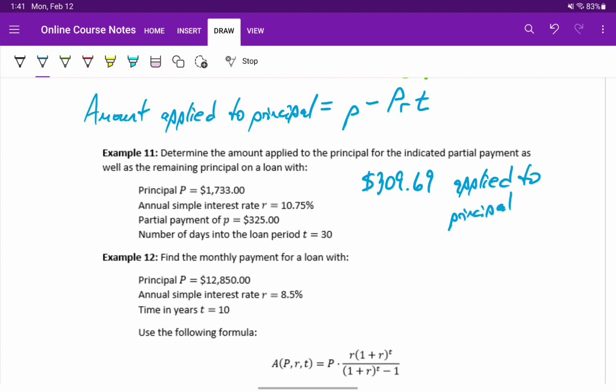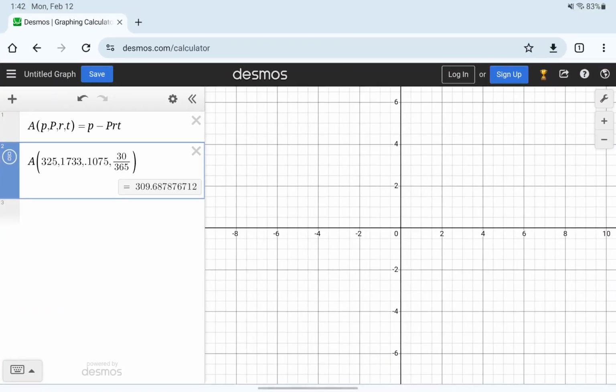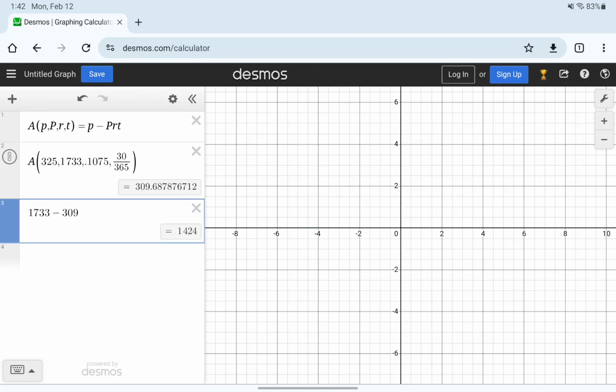And the rest of that payment is going to pay off the interest that was accrued during that period. The other thing that we can look at then calculating would be how much is left on our loan to pay off. So that would be taking the starting principal, which is $1,733, minus the amount that we're actually paying off.